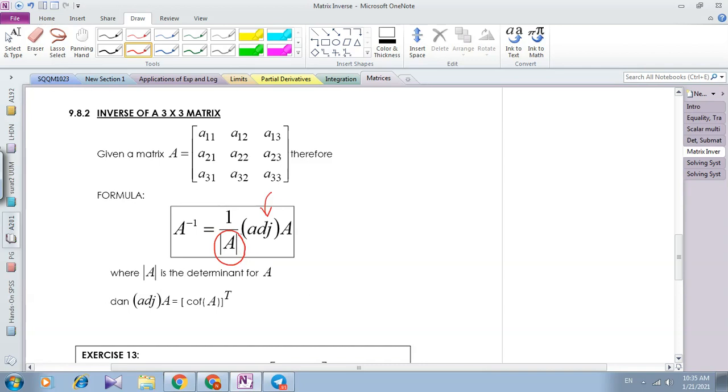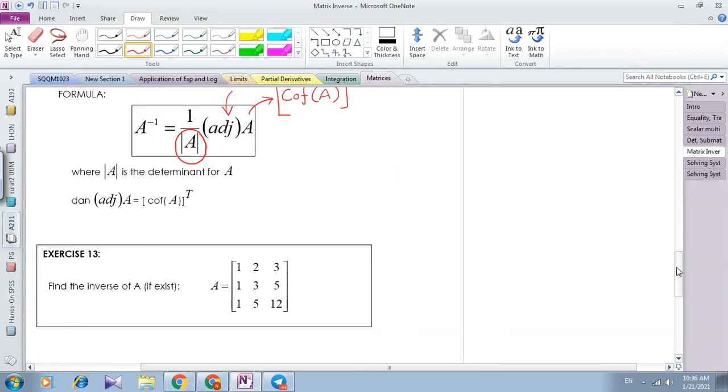I have explained this in a previous video. It is 1 over the determinant of the 3 by 3 matrix times the adjoint of A. And I hope you still remember that the adjoint of A is the transpose of the cofactor, right?